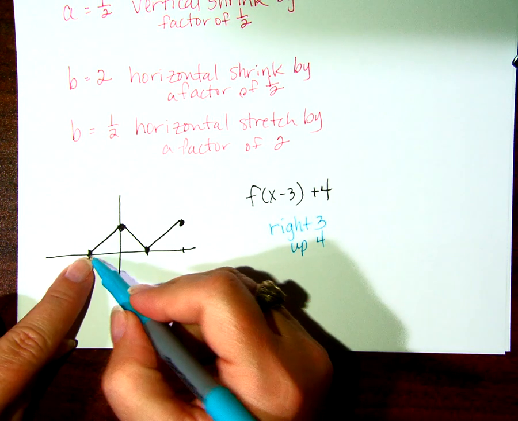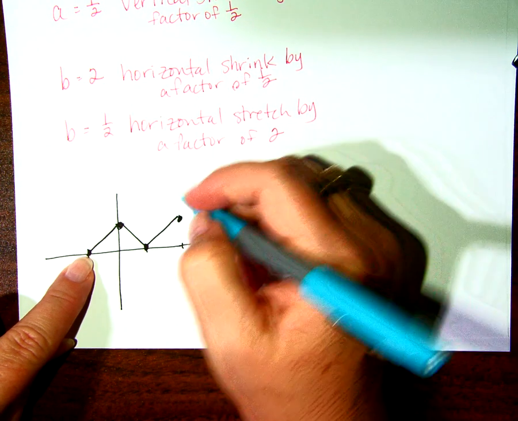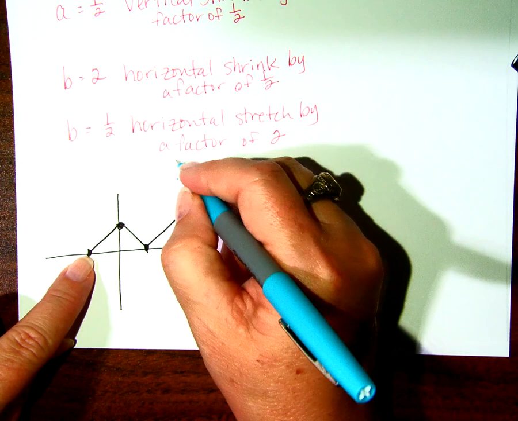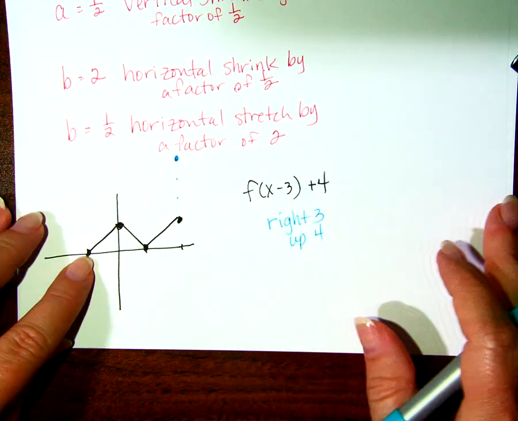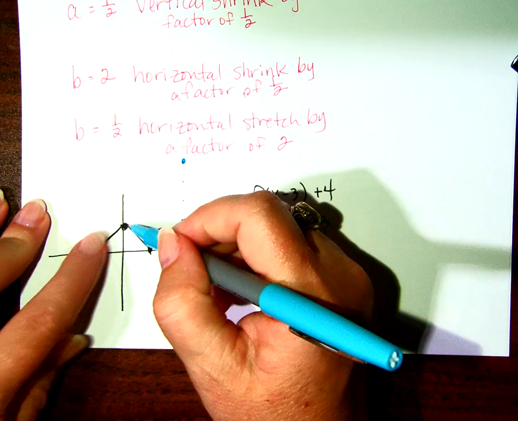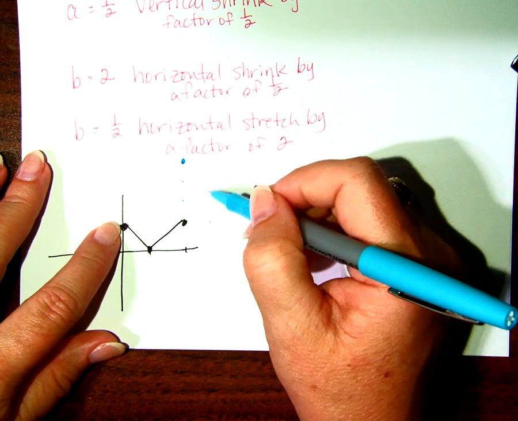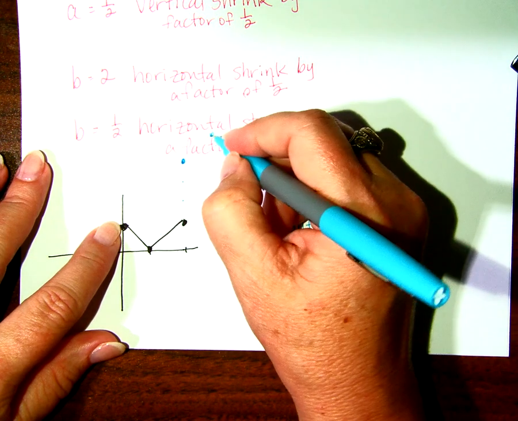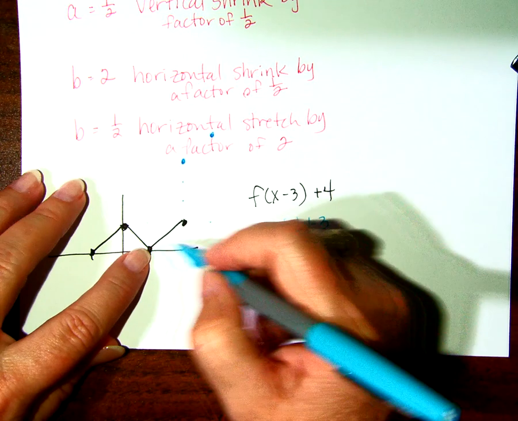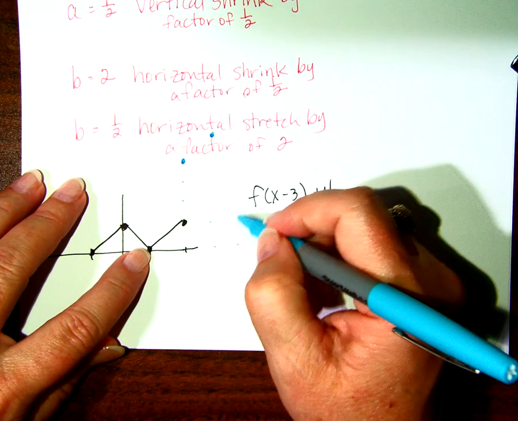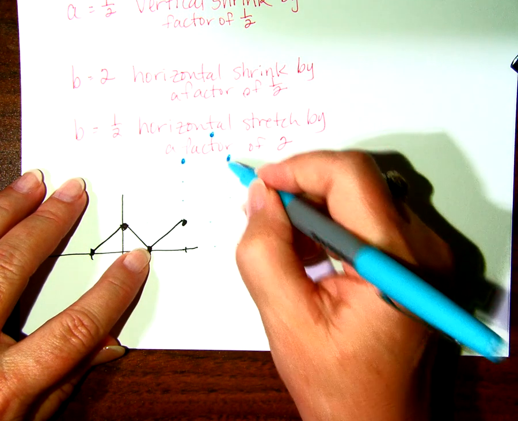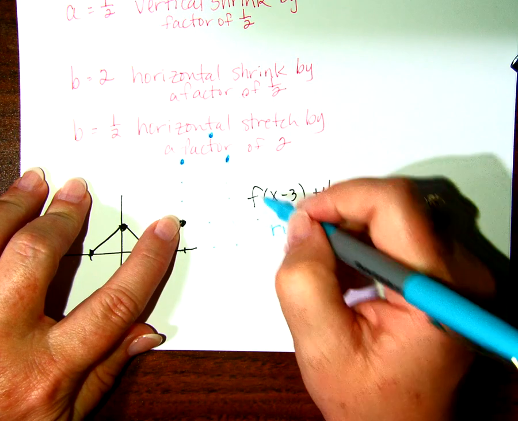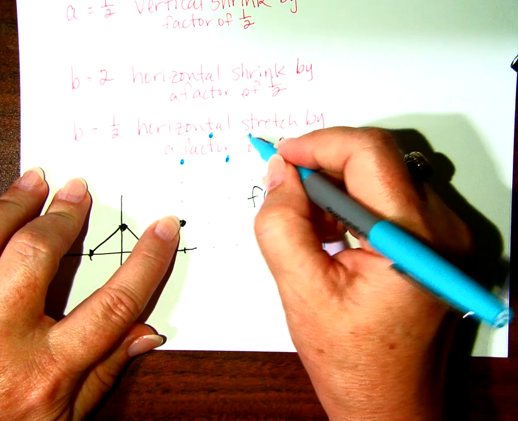So this point I need to move right 3, 1, 2, 3 and up 4, 1, 2, 3, 4. I didn't plan very well. This one, right 3, up 4. This one, right 3, up 4. This one, right 3, up 4.